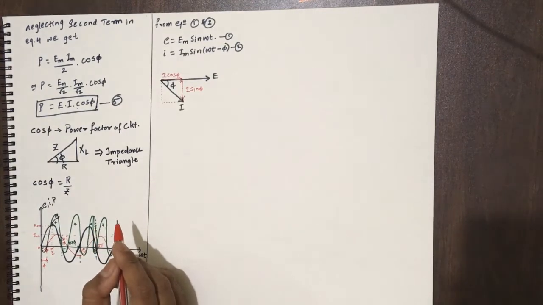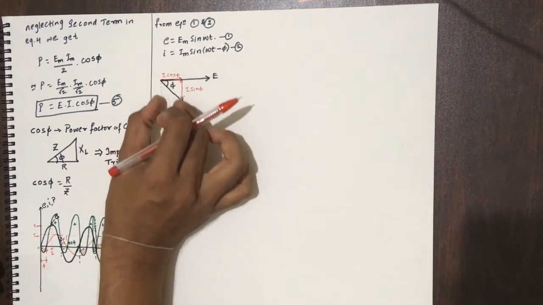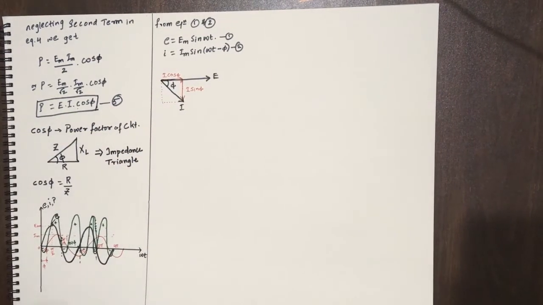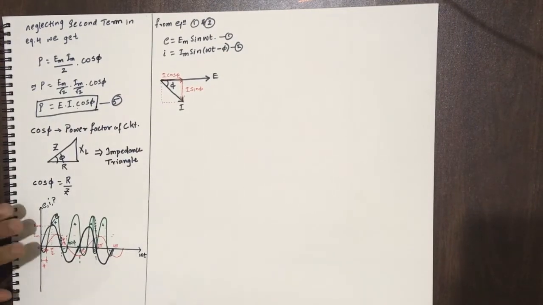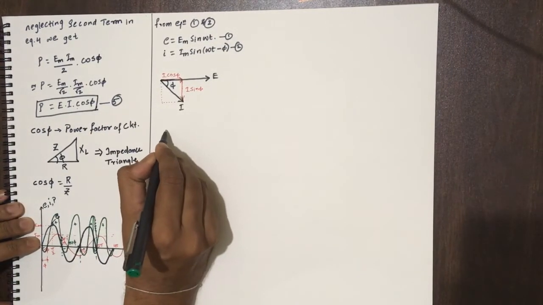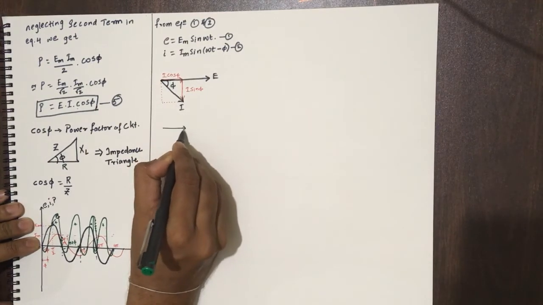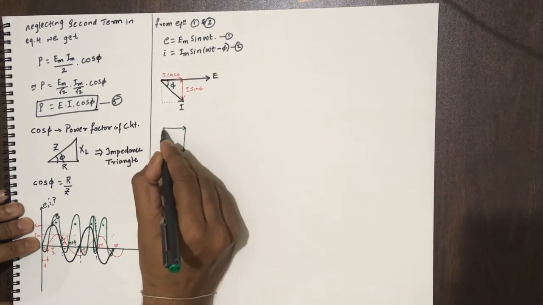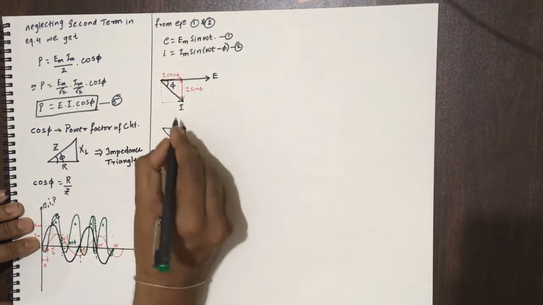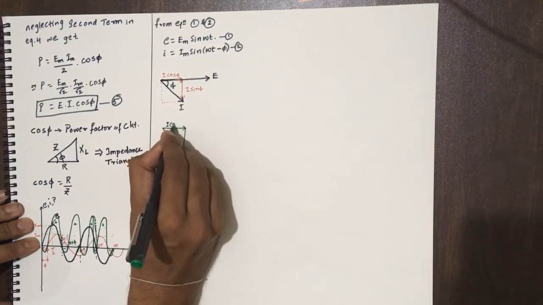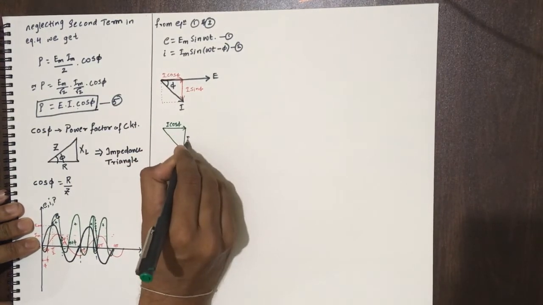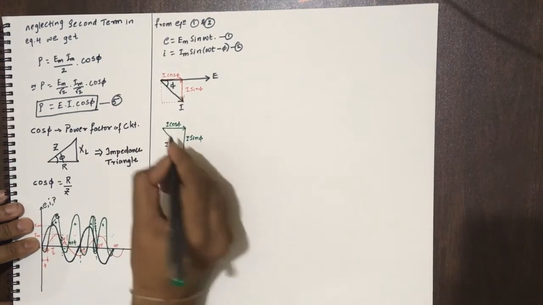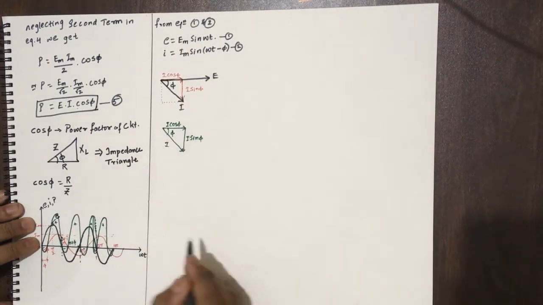Now I will take only this triangle down, representing I cos phi, I sin phi and I. This is I cos phi, I sin phi and I. This is angle phi.